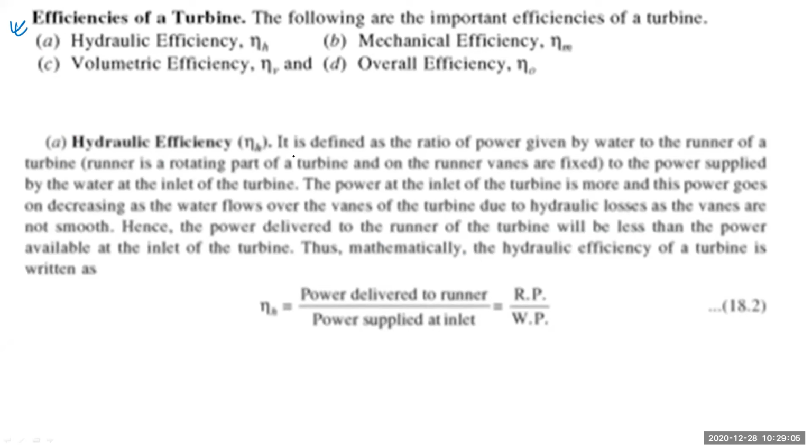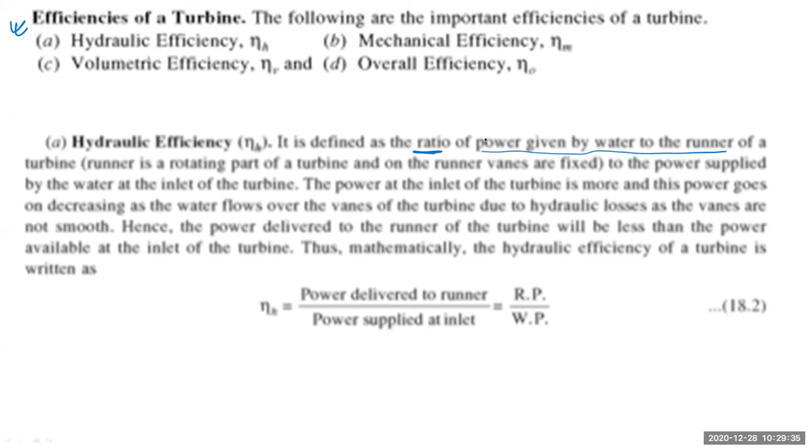Hydraulic efficiency is defined as the ratio. Always remember that any efficiency is a ratio, output upon input. So it is defined as the ratio of power given by water to the runner. This word is important.